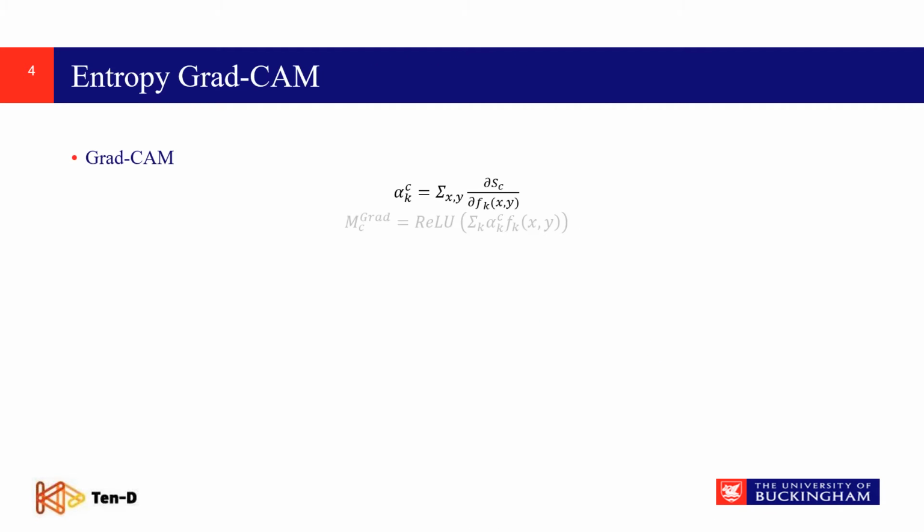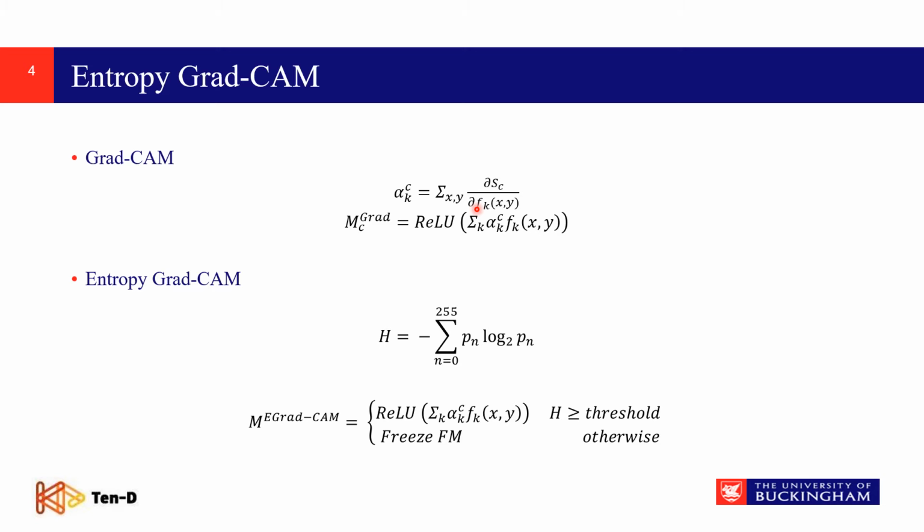Now let us talk about our proposed method, inspired by GradCam, which uses the gradients of the prediction score with respect to the feature maps in the desired layer. We aim to explore an adaptive way for selecting the feature maps with relatively high information instead of simply aggregating all of them. Therefore, prior to the gradient calculation in the GradCam approach, we employed Shannon entropy as a metric to measure the amount of information in each feature map.